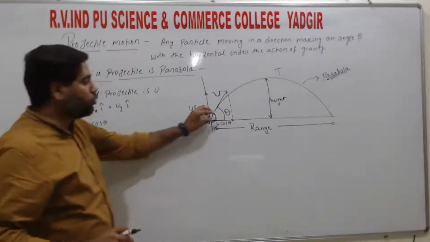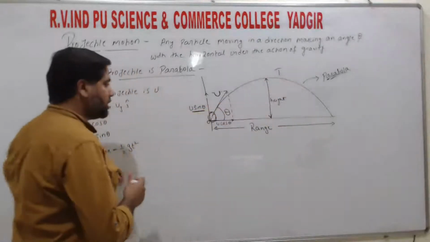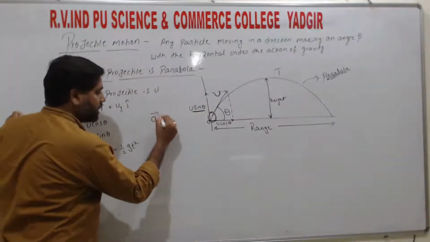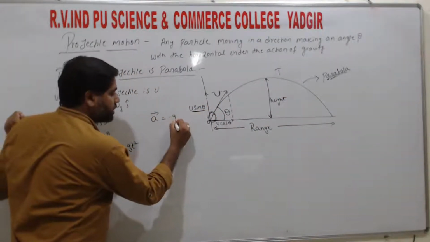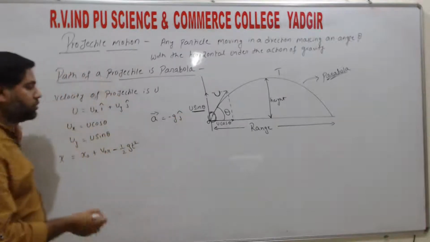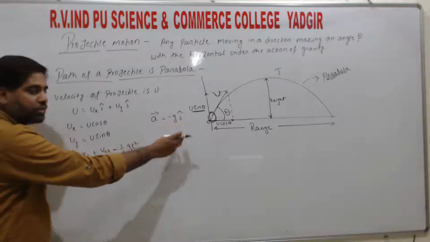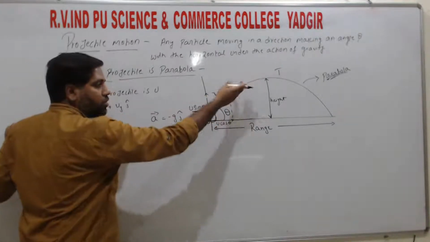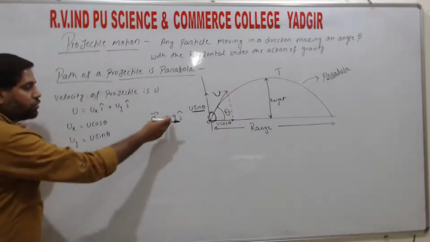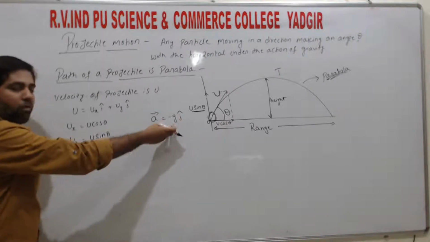This projectile is moving under constant acceleration, which we take as a equals minus g j cap. So this gives the velocity, and here we have written the acceleration. Here we get only the vertical component.